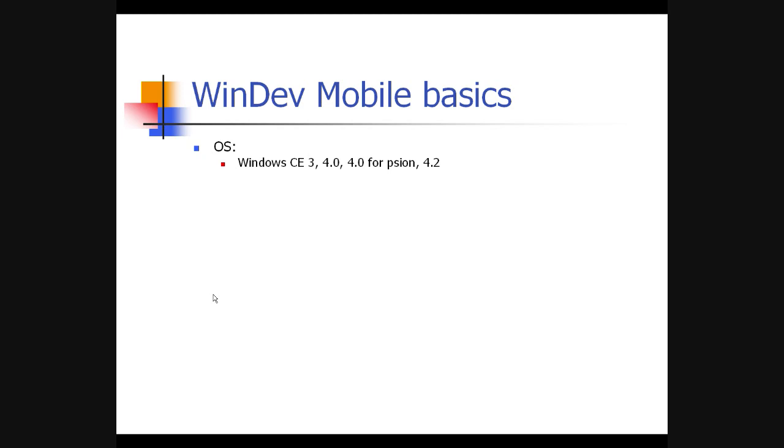So you have Windows CE 3, CE 4.0, 4.2. Then you have Windows Pocket PC 2002-2003, and you have Windows Mobile 2003 to 2006. That's what's available for WinDev Mobile.